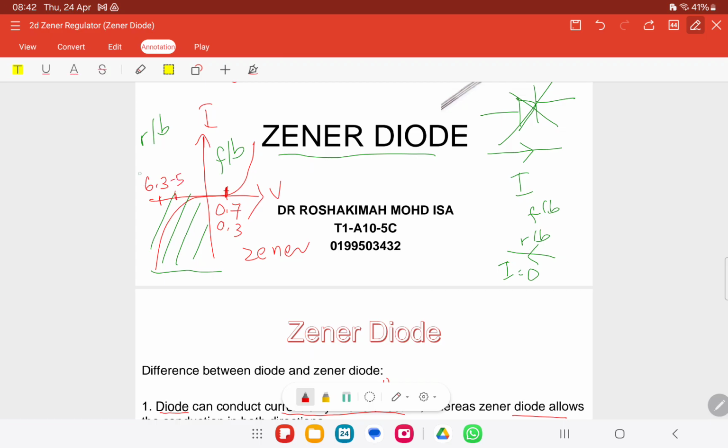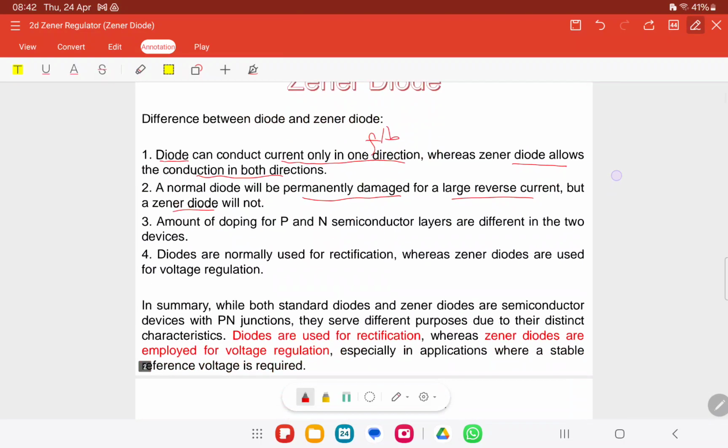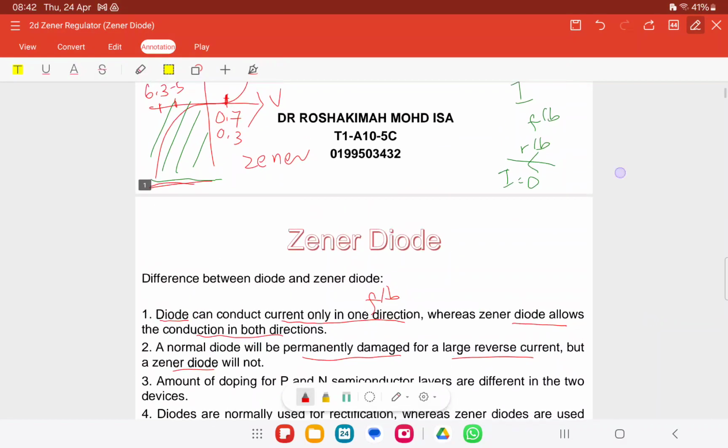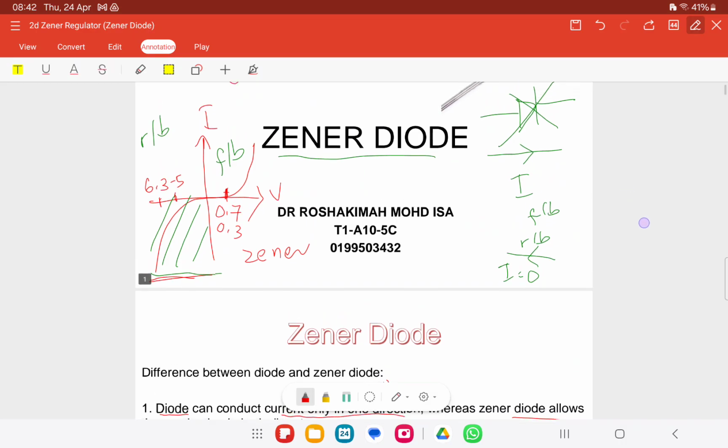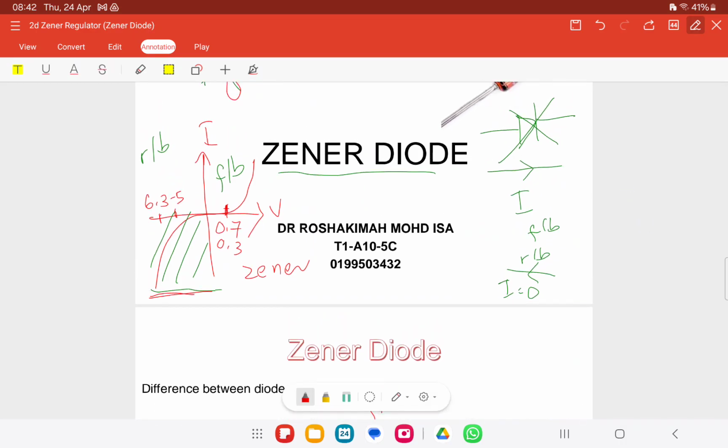This is minus because this is the negative region. Normally, after a certain amount it will still be damaged. If the question requires you to draw the IV characteristic for the Zener diode, you draw this one. This is the IV characteristic for the Zener diode.